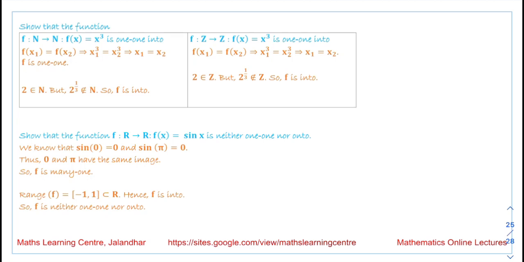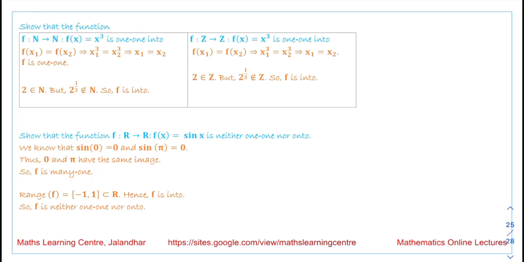To prove that this is a many-one function, we are saying we are having the elements -1 and 1 whose image is equal to 1. So f is a many-one function. Now again this element 2 is there which belongs to Z and it has no pre-image in Z, so we are saying that f is an into function.